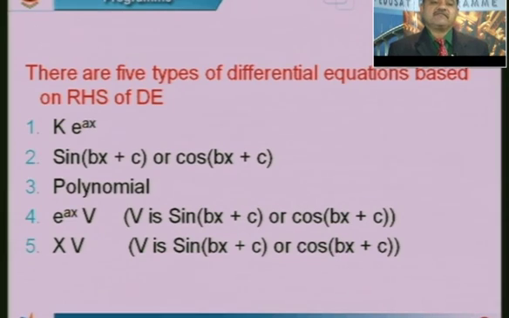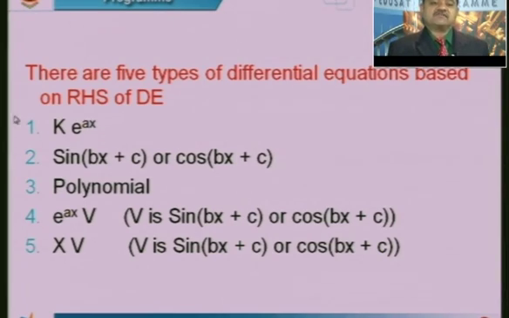Type 1 is k e power ax, where k is a constant, a is also a constant. Type 2 is sin(bx+c) or cos(bx+c). Type 3 is polynomial. Type 4 is e power ax into v, where v can be either a sine function or a cosine function. Same way, type 5 is x into v, again v can be a sine function or a cosine function.